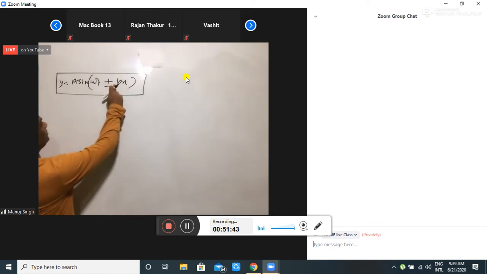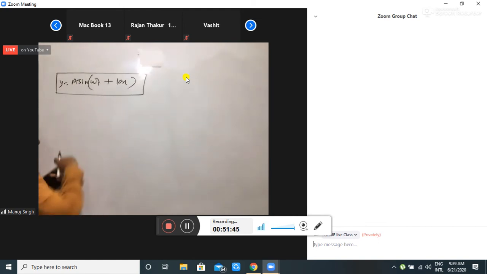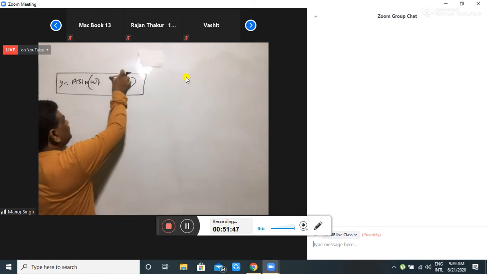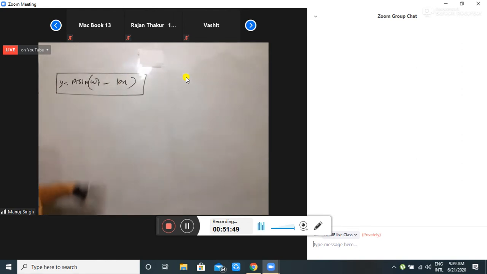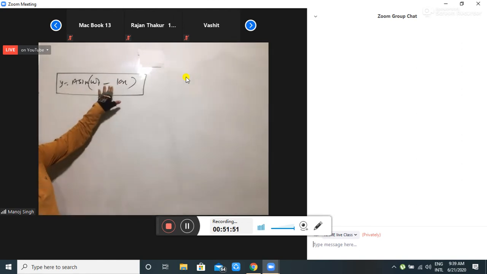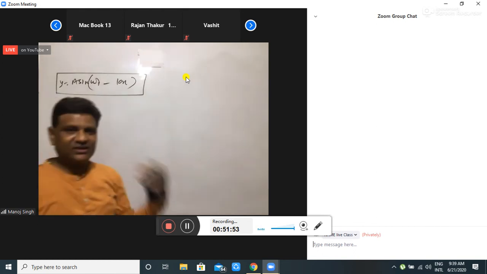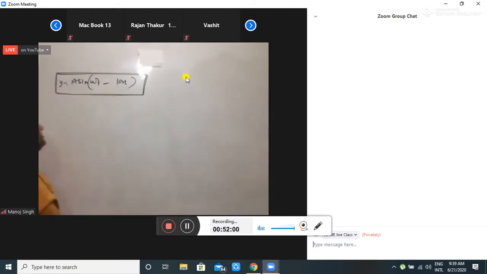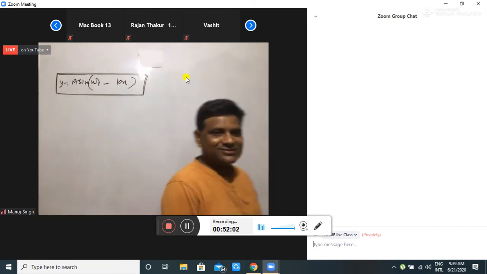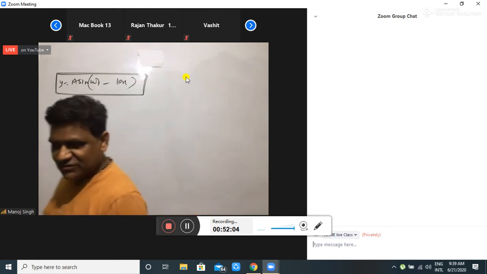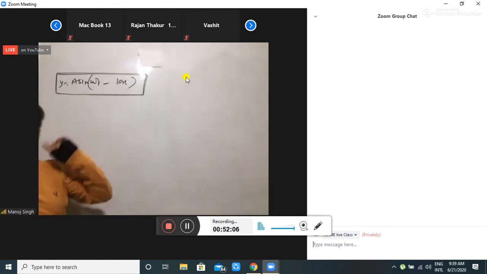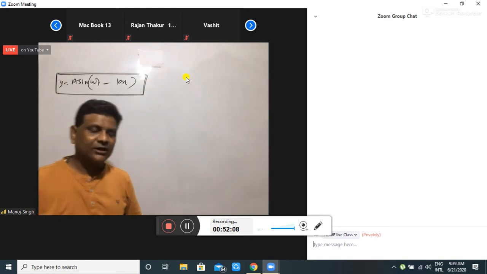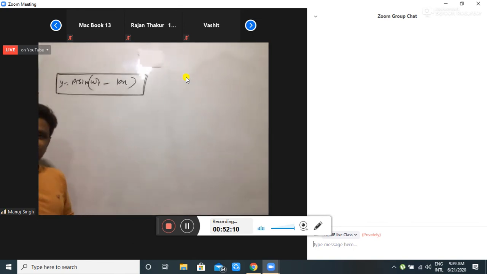Now y is equal to a sine omega t, either plus kx or minus kx. Minus sign means the wave is traveling towards positive x direction and plus sign means the wave is traveling towards negative x direction.